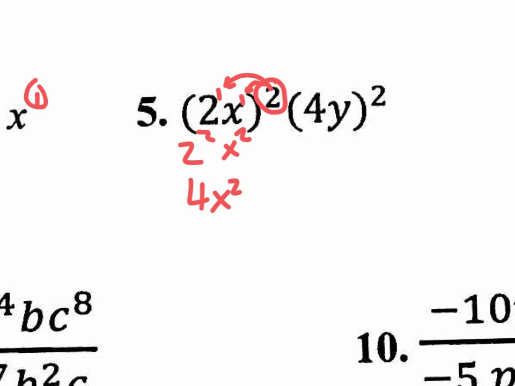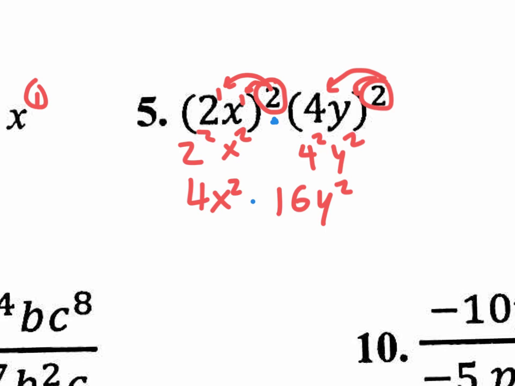So over here, when I distribute, put the 2 right there and the 2 right there, you're going to have 4 squared y squared, and what's 4 squared? 16. The y squared just comes down. Now what we need to understand here is that we were multiplying between the 2, so we're still multiplying between the 2.